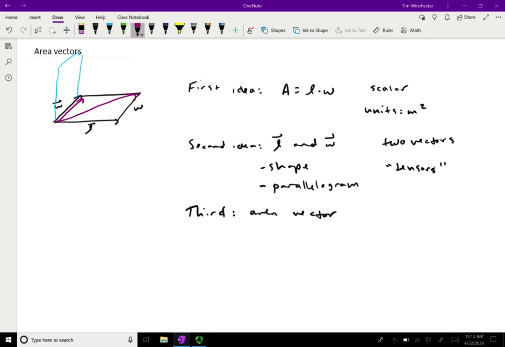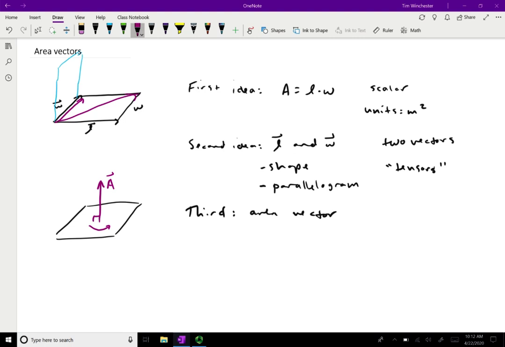So the trick here is we want to have the same area vector represent, in some sense, the same area. The way we're going to do that is we're going to take our area like this, and the area vector is going to be perpendicular to it. If I use that as the direction for the area vector, then even if I rotate the surface so that it's still perpendicular to that vector, the orientation stays the same.